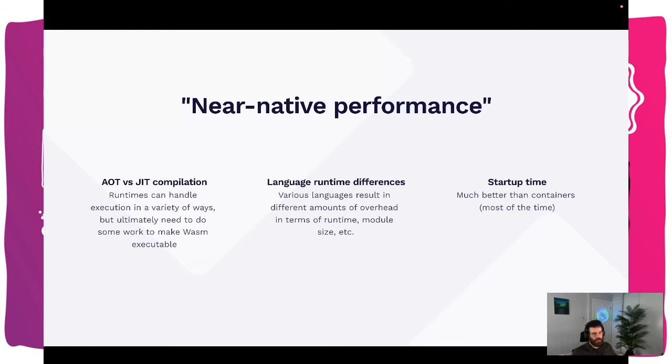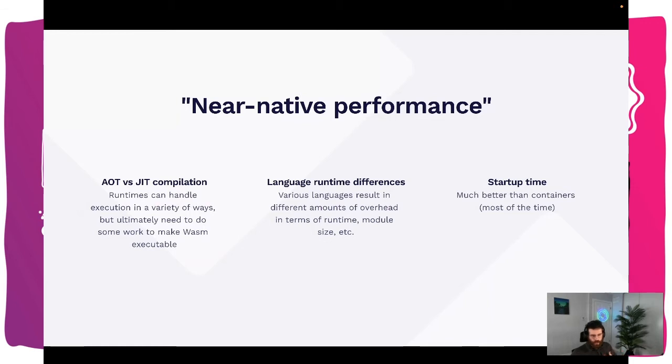However, they will take longer to start up. Whereas just in time compiled programs will start up very, very quickly, but may not have the same level of performance over a longer time span as compilation is being done continuously. Now, most WebAssembly runtimes support both of these options, and so it is up to you, the person running the program, to decide what performance properties you care about and choose accordingly.